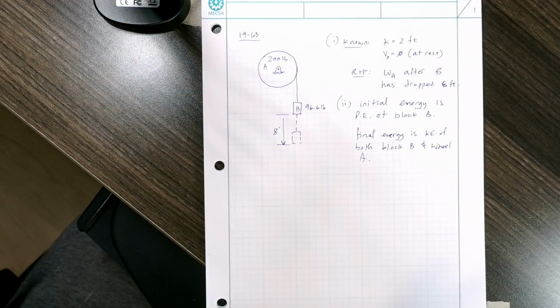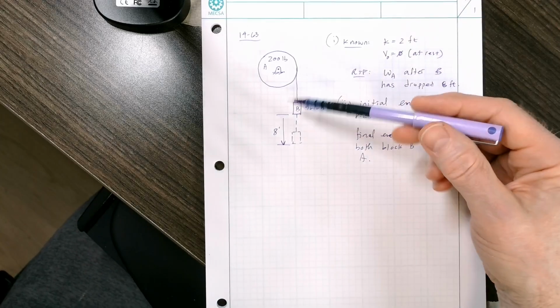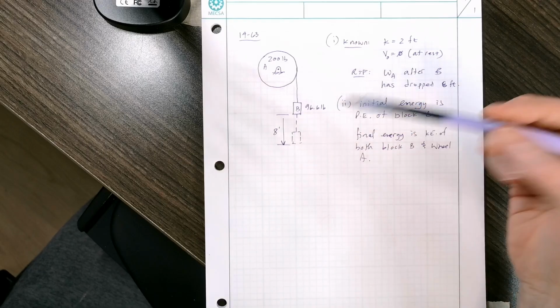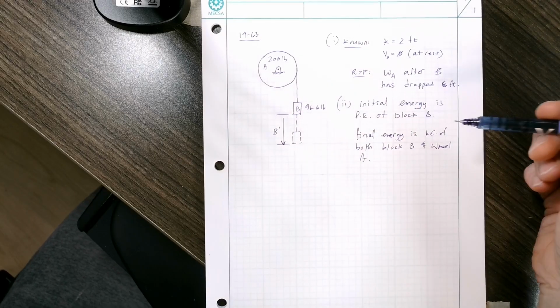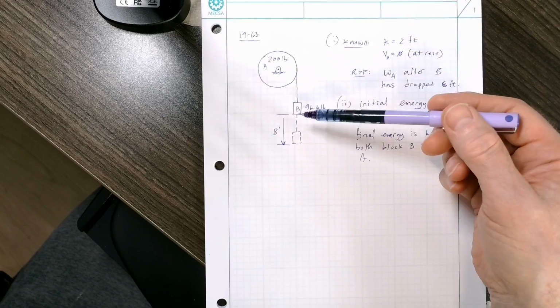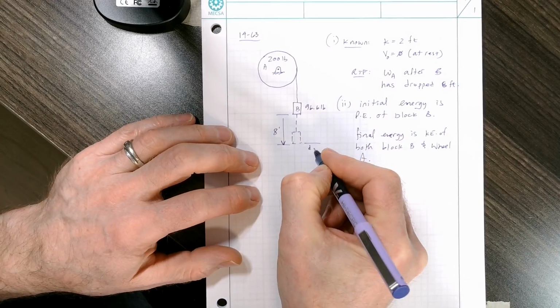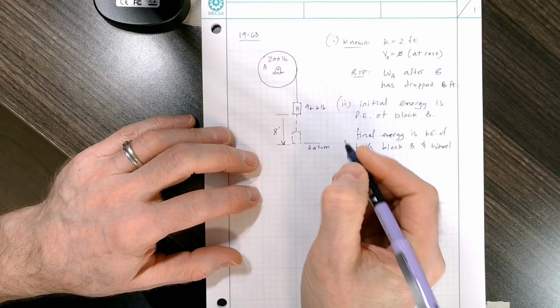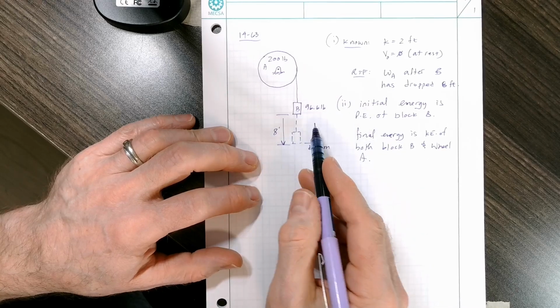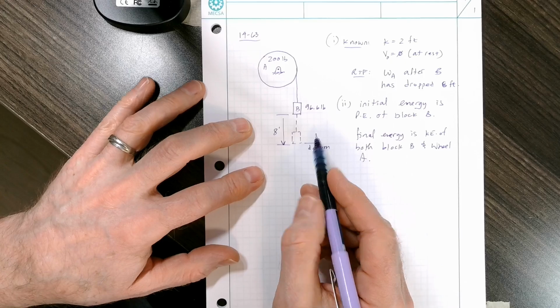Now, here's where you might want to add something in. Is there any work being done? Is there any third form of energy? It's pretty obvious that you start off with potential energy, and if you call this the datum, you end up with no potential energy. You've converted it all to kinetic. But in the process, is work being done?